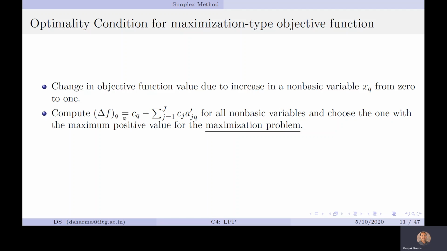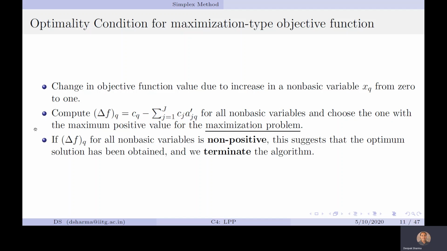And this computation we perform for all non-basic variables. And the delta FQ value which has the maximum positive value, we choose that variable Q for a maximization problem. Again, I am mentioning maximization because for minimization, this condition will change.